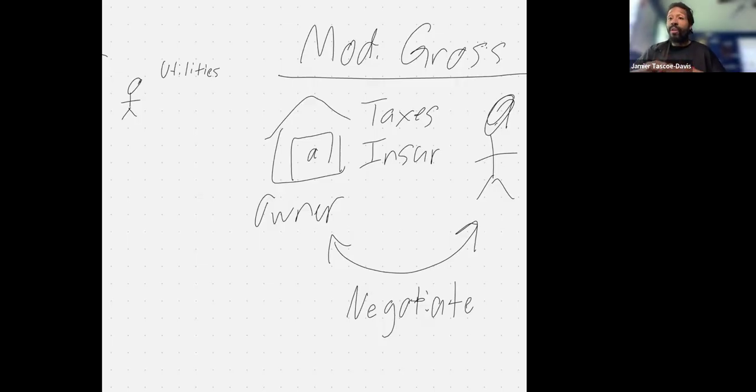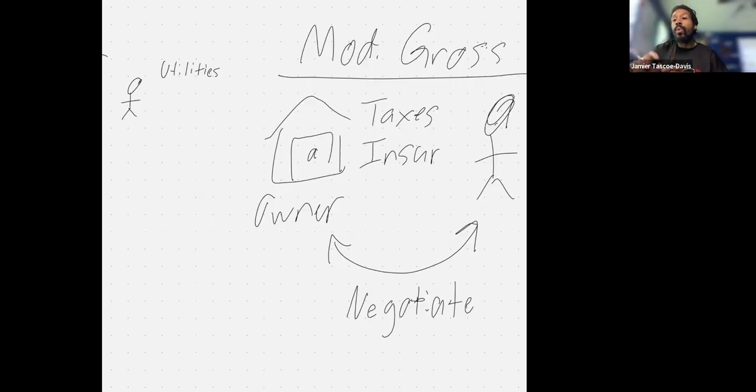Once again, modified gross is completely negotiable, especially when it comes to maintenance. The base rent is completely covered by the tenant, and certain repairs get covered by the tenant. But this is super flexible. It doesn't get any more flexible than modified gross.